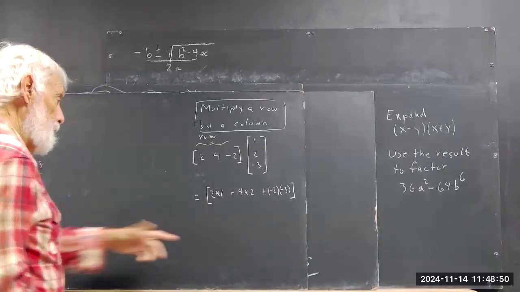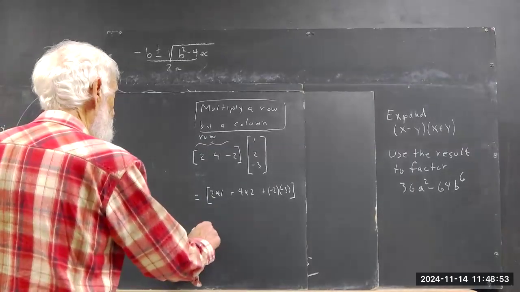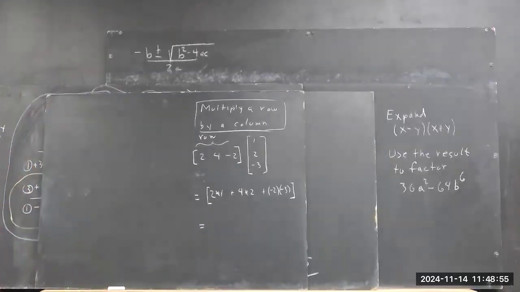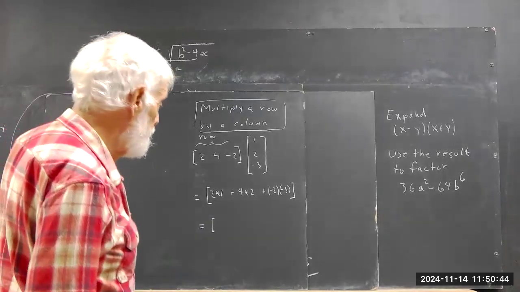Now back to this. Well, tell me, what does this equal? Write it out. Okay, just write out the solution, write out the answer. And circle your answer so I can see it. Okay, so everybody got 16.